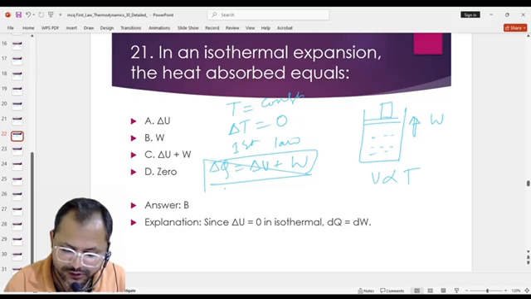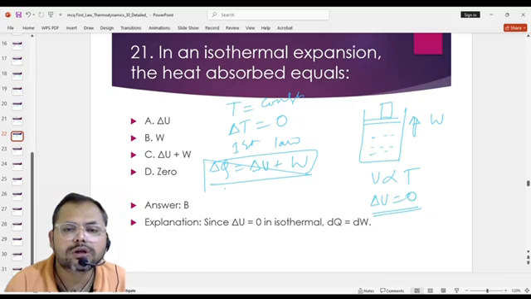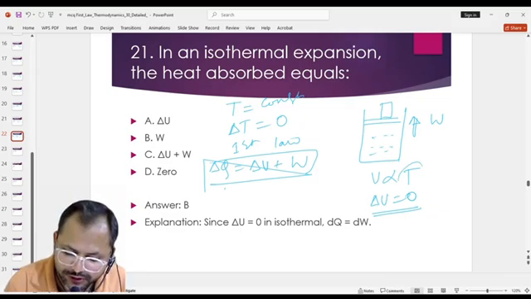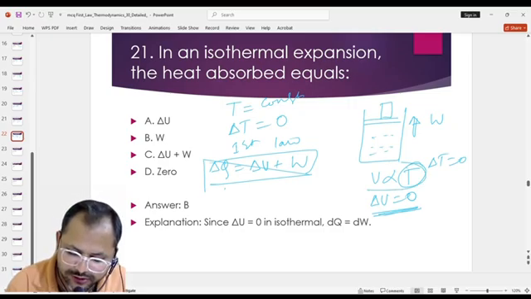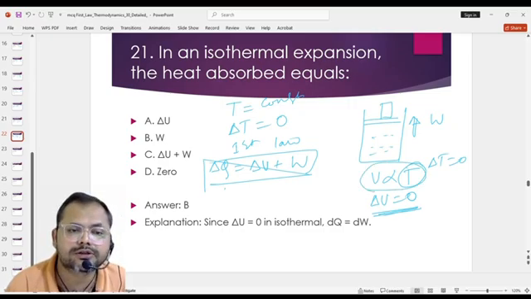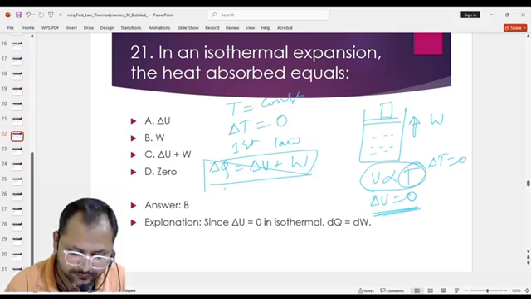So change in temperature equal to zero means change in internal energy is also equal to zero, because internal energy is directly proportional to temperature.